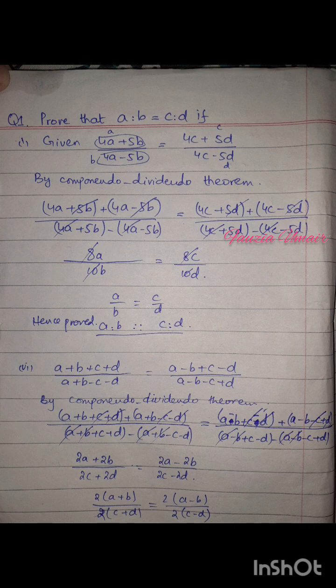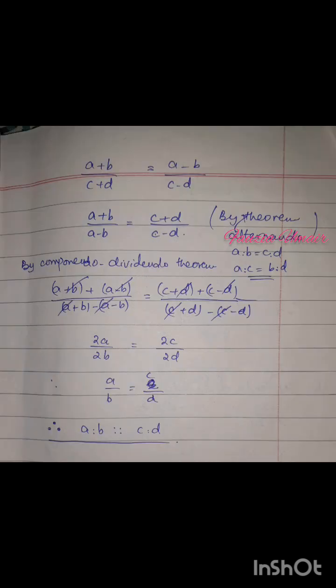First, be careful of signs so that you can cancel the right terms after this step. And second, please write them very clearly so that there is no confusion: is it B or D, C or A. Now the leftover terms are 2A plus 2B and 2A minus 2B by 2C minus 2D.